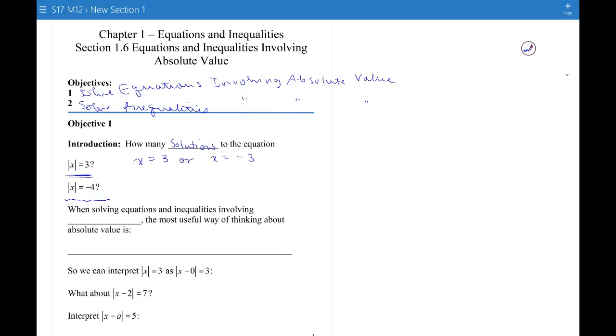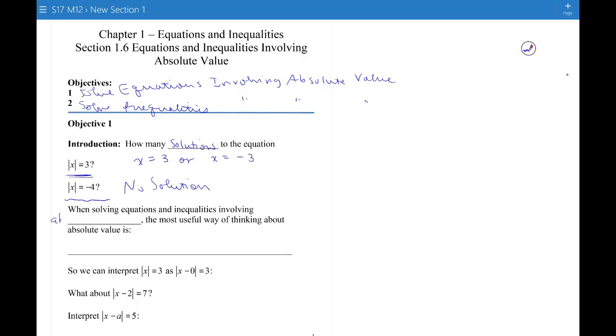The absolute value of x equals -4. Well, I think we'd agree that the absolute value has the property that it makes things positive. So it's never going to be equal to -4. So your answer will be no solution. If somebody asks you to solve the absolute value of a quantity equals a negative number, you should say, well, that never happens. So there's no solution.